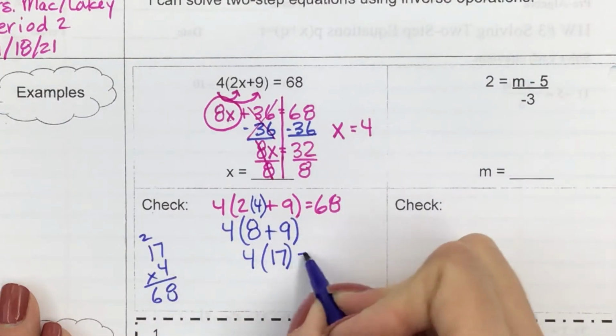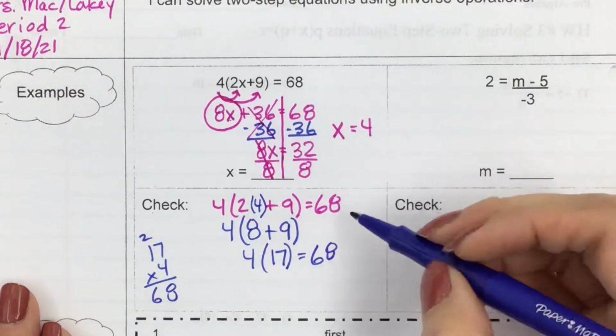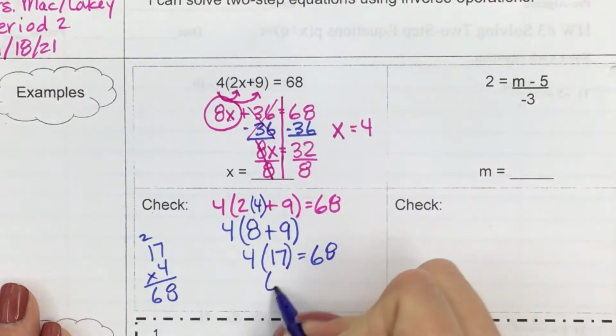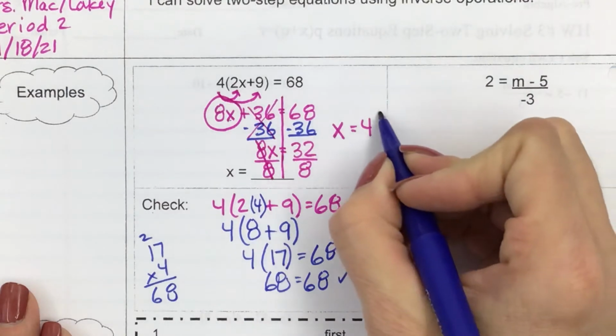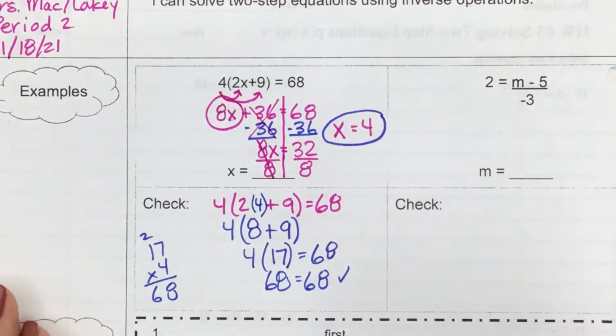That is equal to 68. So 68 is equal to 68. So we know for sure that x equals 4 is the correct answer. So really all that is changing here is that you distribute first and then you solve it.